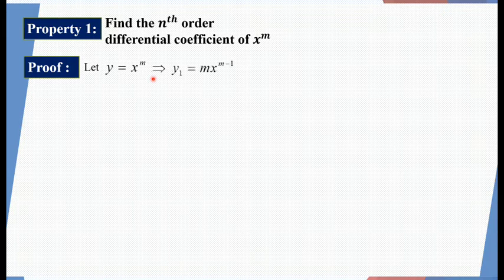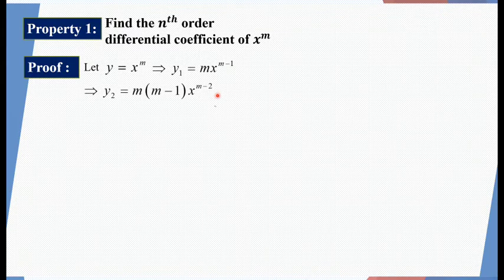So the first derivative is y1 equals m x raised to power m minus 1. Now we differentiate again, so y2 will be m into m minus 1 x raised to power m minus 2.